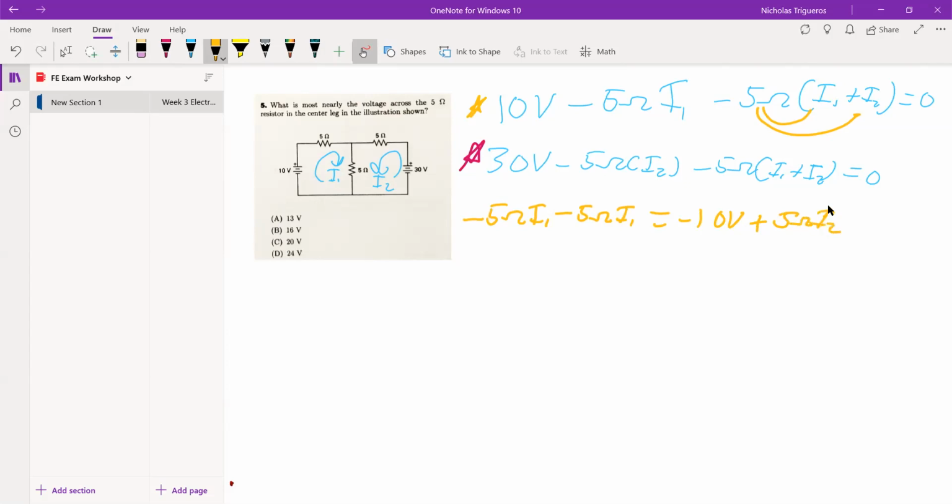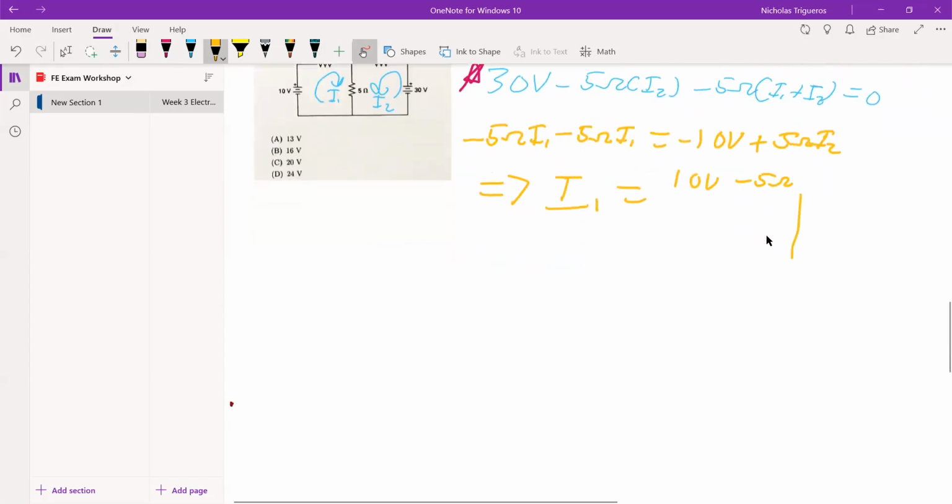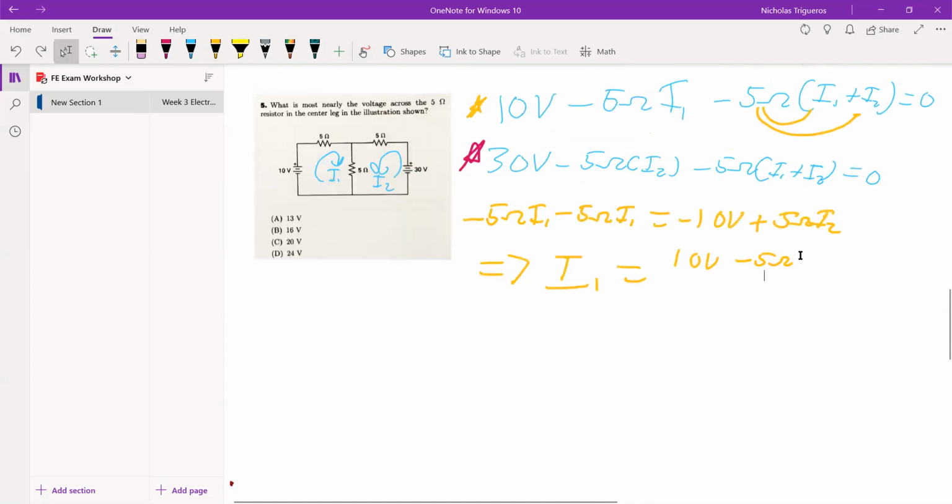This turns into a negative 10 divided by negative 10. So I1 turns into (10 volts minus 5 ohms I2) divided by 10.